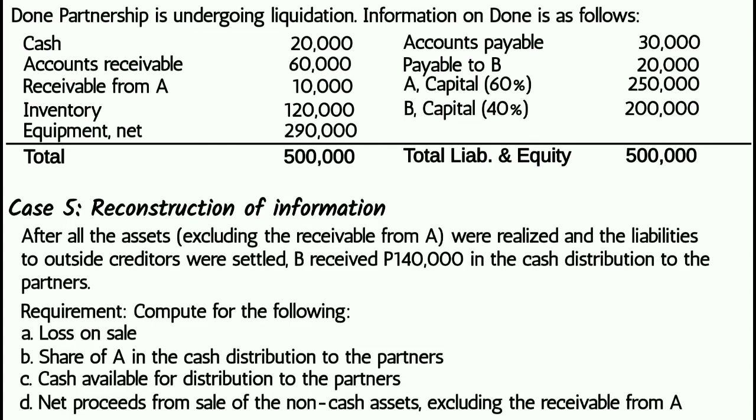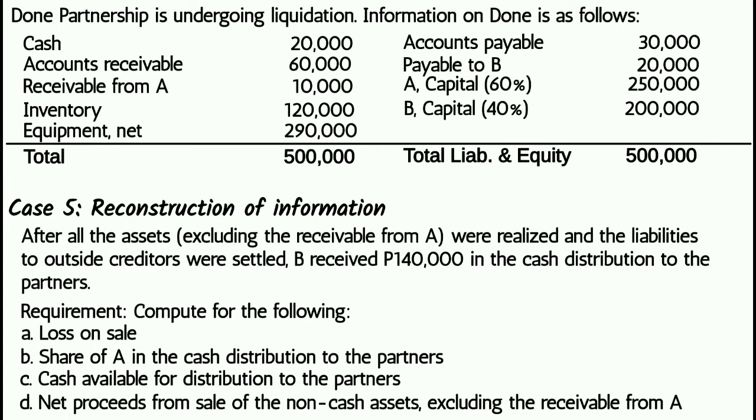Next, Case 5, Reconstruction of Information. After all the assets, excluding the receivable from A, were realized and the liabilities to outside creditors were settled, B received 140,000 pesos in the cash distribution to the partners.